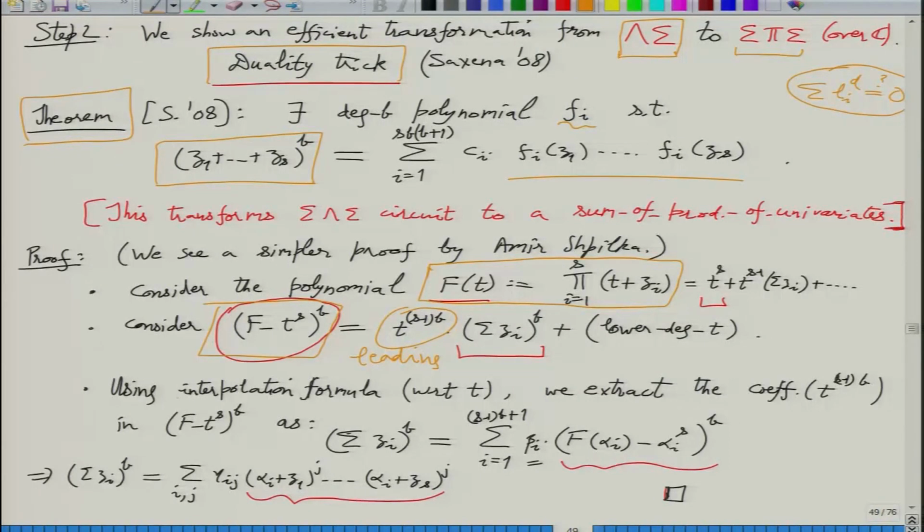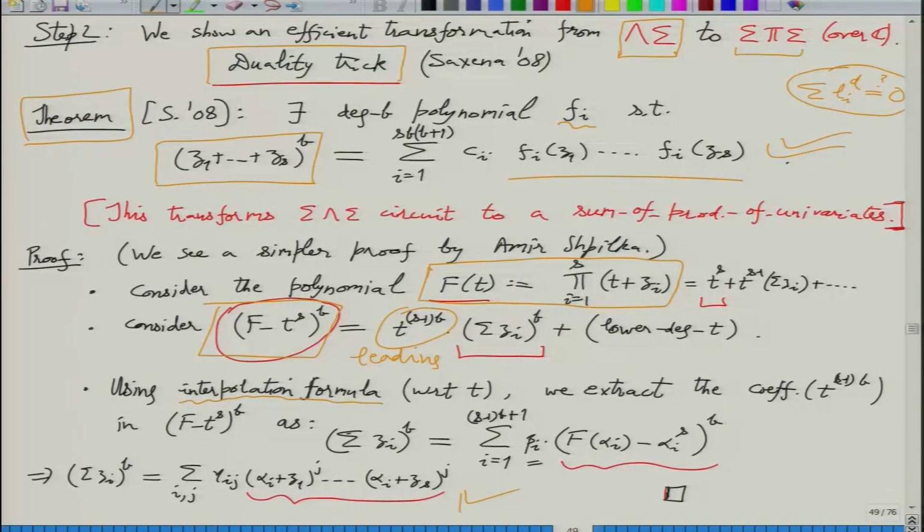So if we have time in the end, we will work out the interpolation formula, but at this point it is intuitive that if you have a polynomial of low degree, then very efficiently you can extract whatever coefficient you want. So that is exactly what is happening here, and that will be of this type, right. The dual expression here is what you will get when you expand it out.